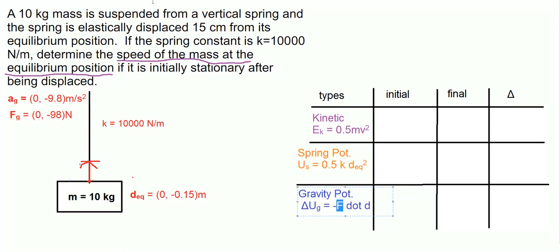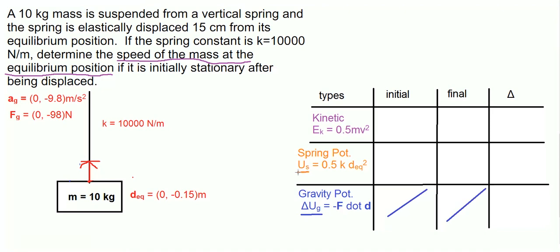I don't have a dot symbol here, so you're going to have to deal with the word. Now, both these forces and displacement are vectors. Now, just like before, this delta, change in gravity, means that you can simply ignore the initial and final states and calculate the change directly.